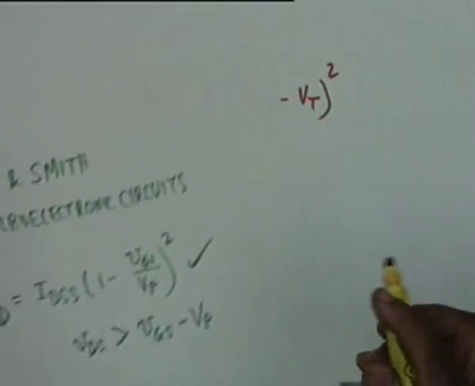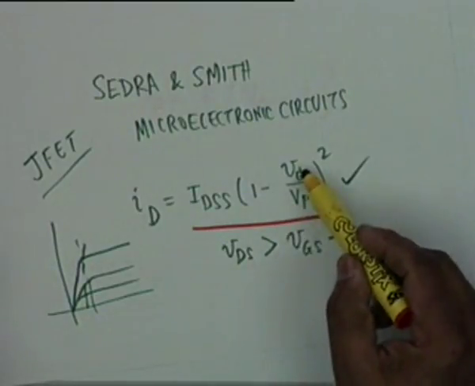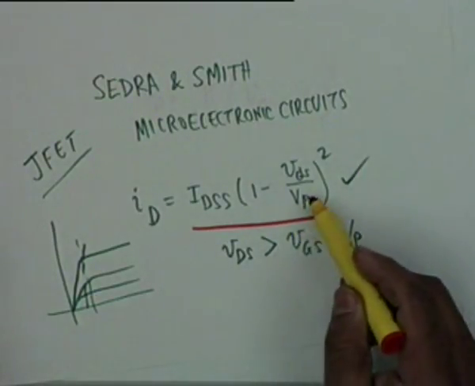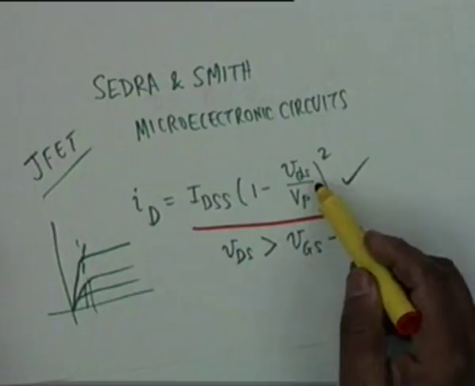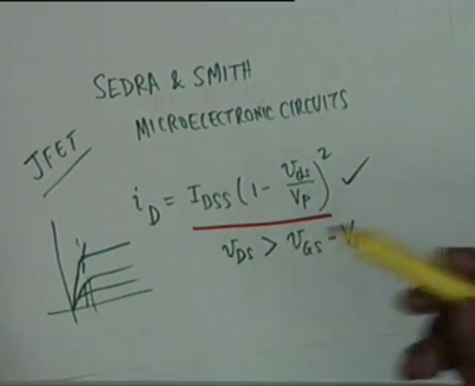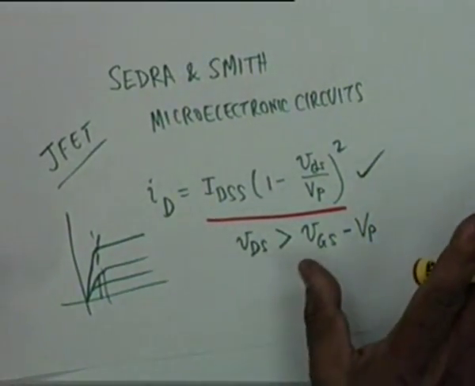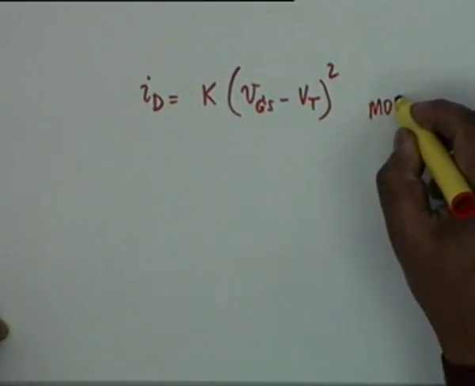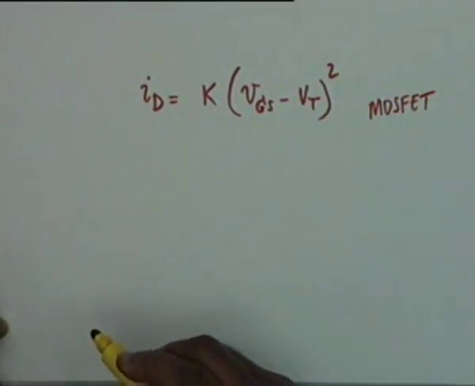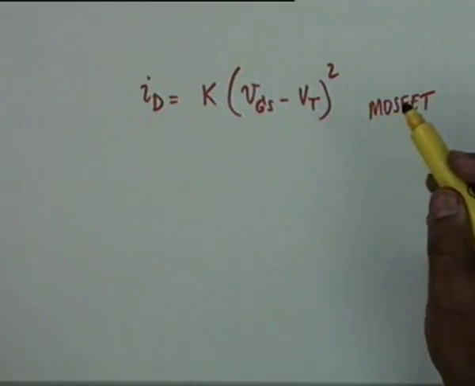If you compare this with the earlier relation, you see it can also be written as VP minus VGS whole squared, and VP squared can be brought out and combined with IDSS. Since we are squaring it, it does not matter whether you take VGS minus VP or VP minus VGS. So the relationship is exactly the same, except that for historical reasons, for JFET it is written one way, for MOSFET it is written the other way. Instead of VP it is VT, because I will explain this in a moment.